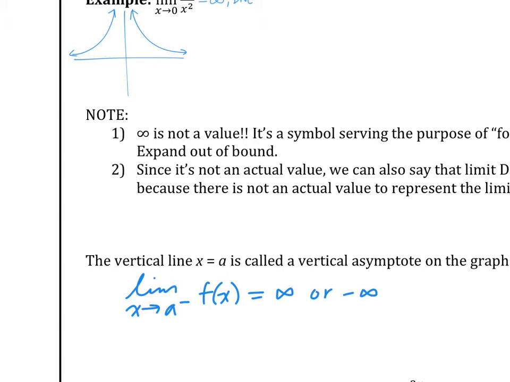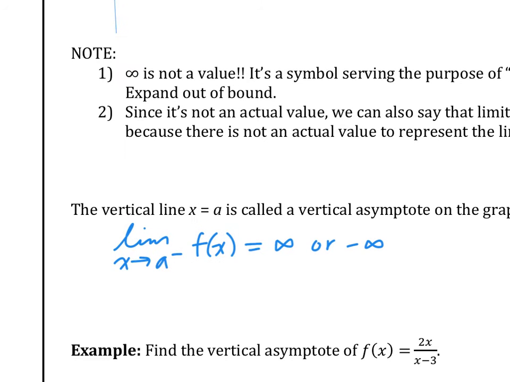That's when the limit as x goes to that number a from the left-hand side, y is going to infinity or y is going to negative infinity. Or it could come from the other side: the limit as x goes to a from the positive side of f of x is equal to infinity or negative infinity. Both of those will tell you there is a vertical asymptote. It's not going to an actual number. It's going to infinity.